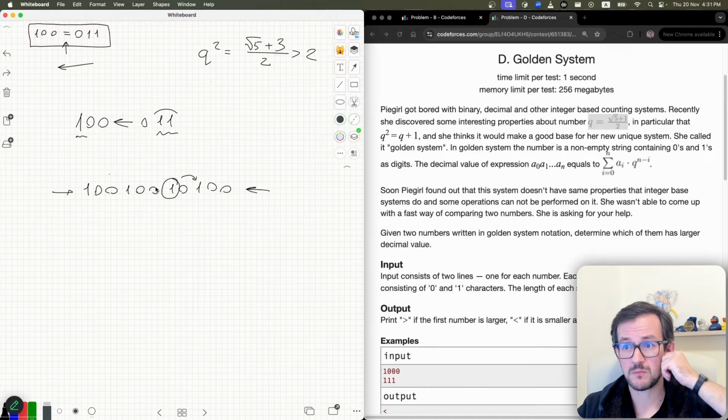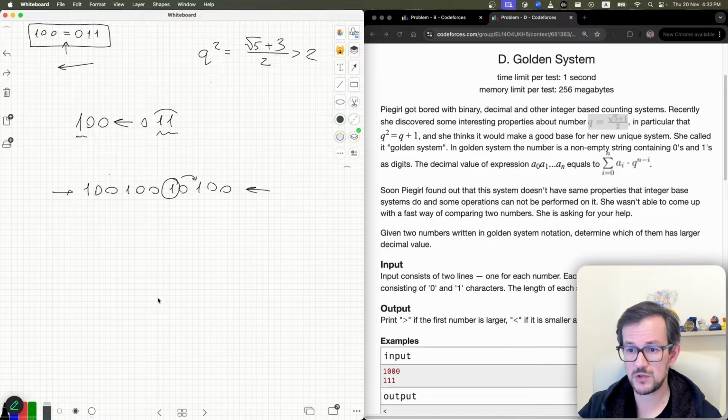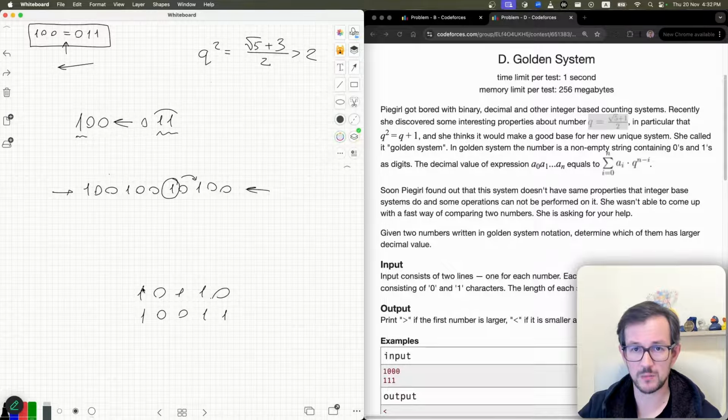In binary numbers we can compare them as strings. If we have two binary numbers, something like 1 0 0 1 1, we compare them left to right. These digits are equal, these digits are equal, these digits are not equal. So the whole number is less than this one, because here I have 0, here I have 1.